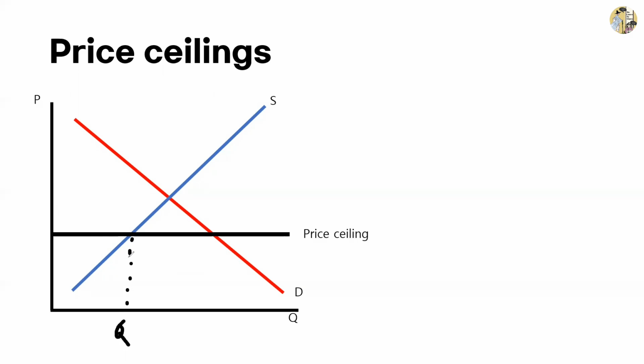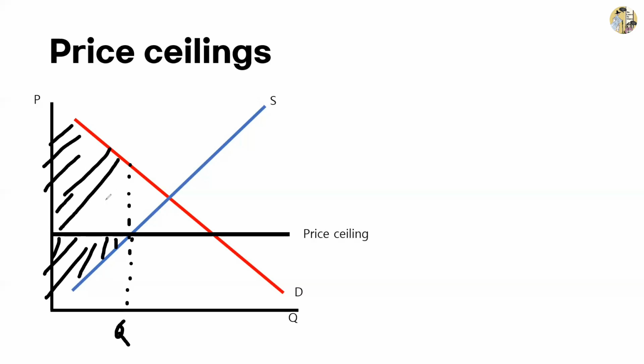At this quantity, you can now see that the producer surplus, above the supply curve and below the price, is this much. Not too big, is it? And the consumer surplus is going to be like this. But now what happens to this area of the graph?